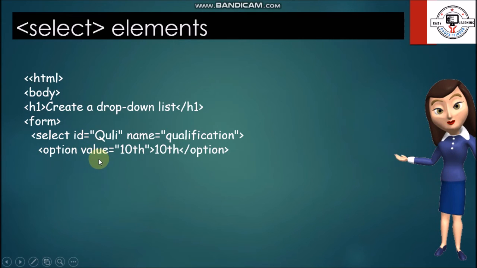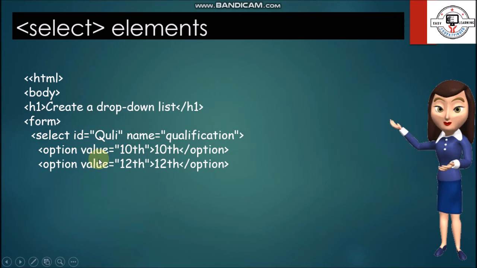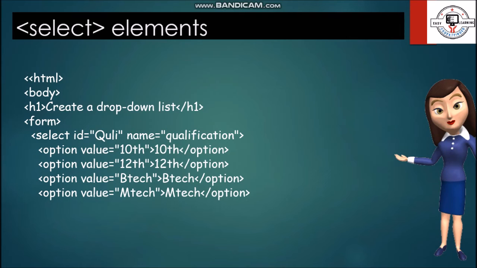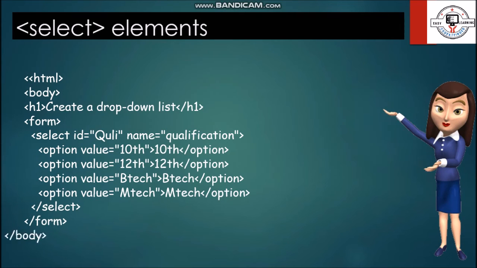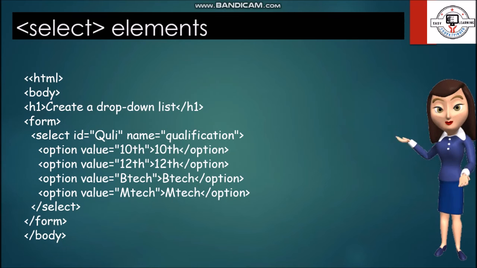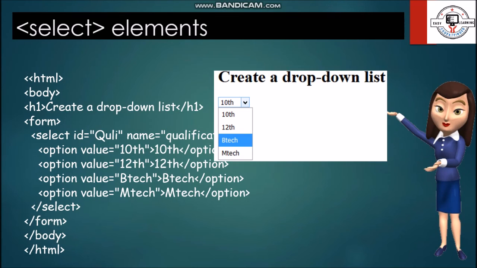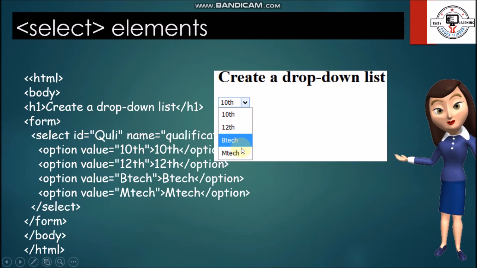So I am taking here this one, third option, fourth option, and select end. This is form end and body close. Now see the result. A drop down will be like this. If you click on this, it will drop down. That's why it is called a drop down.